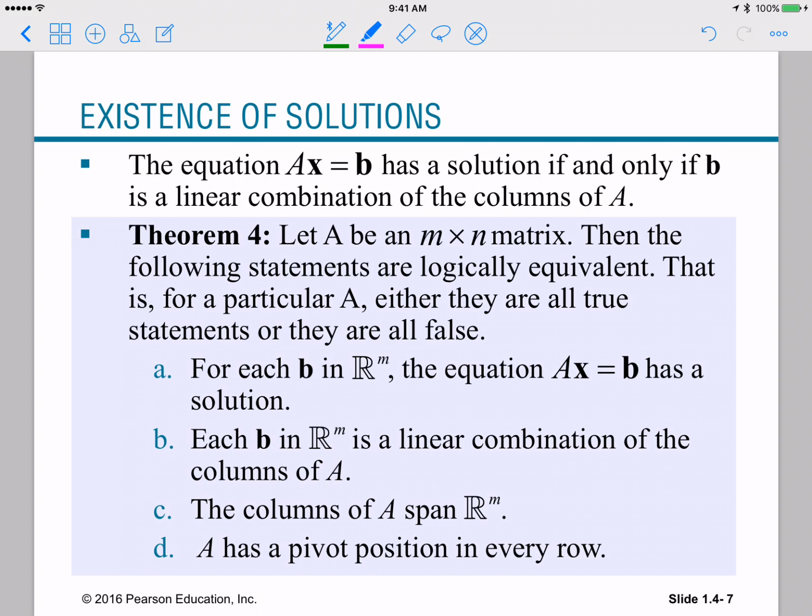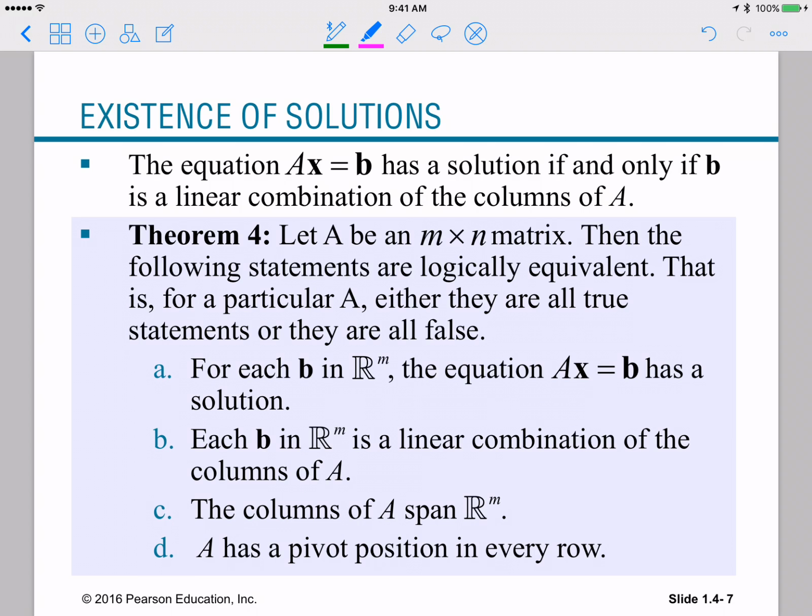A didn't have a pivot in every row within the A part, so the last one was false, and thus we cannot guarantee that this equation always has a solution. So it's really dependent on the B vector.